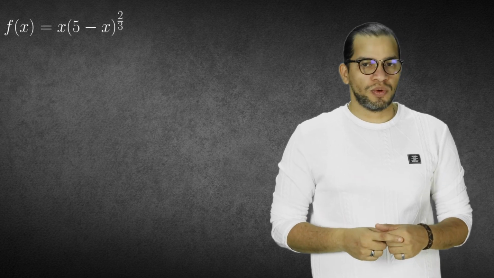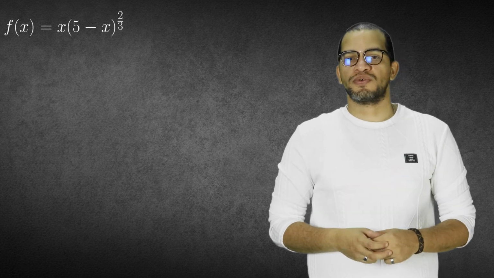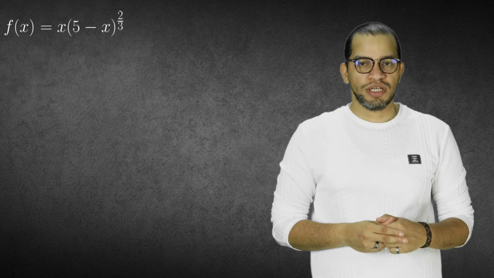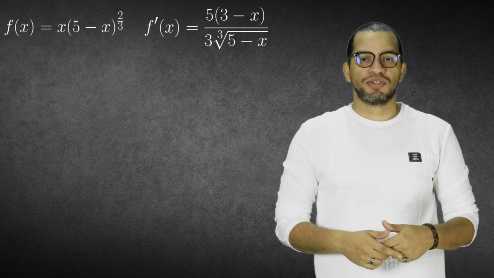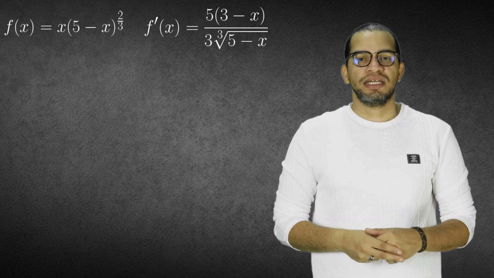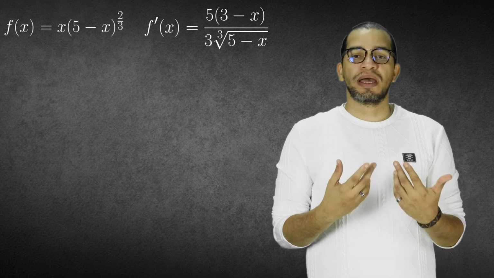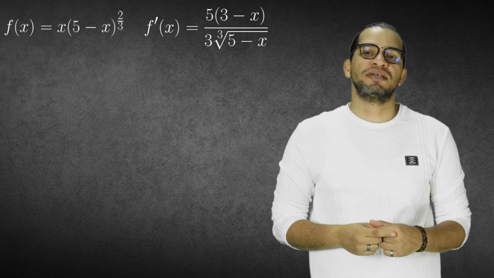Let us analyze the function f of x equals x times (5 minus x) to the power of 2/3. If we apply the derivatives to such a function, after some simplification, we get the following result. F prime of x is equal to 5 times (3 minus x) divided by 3 times the cubic root of (5 minus x).